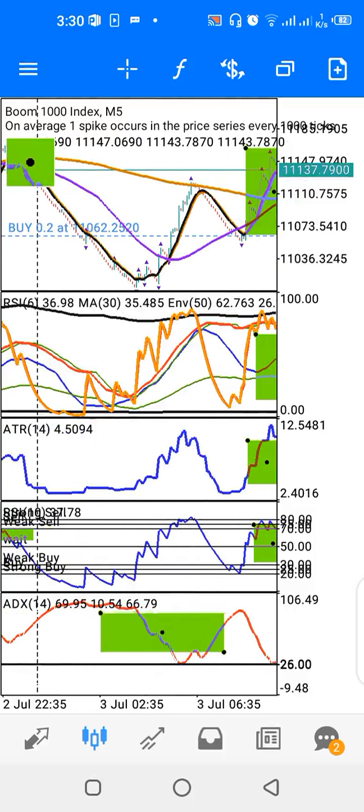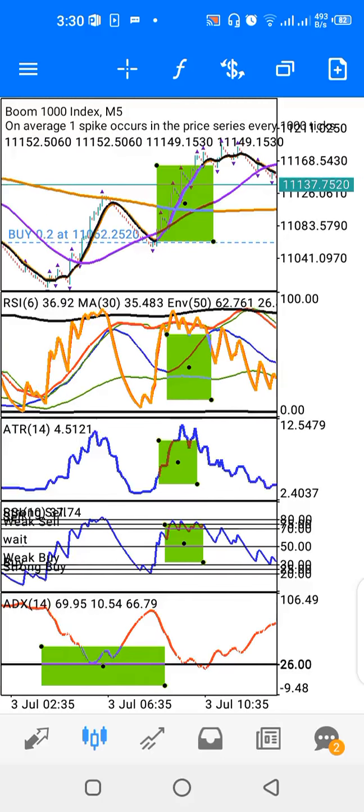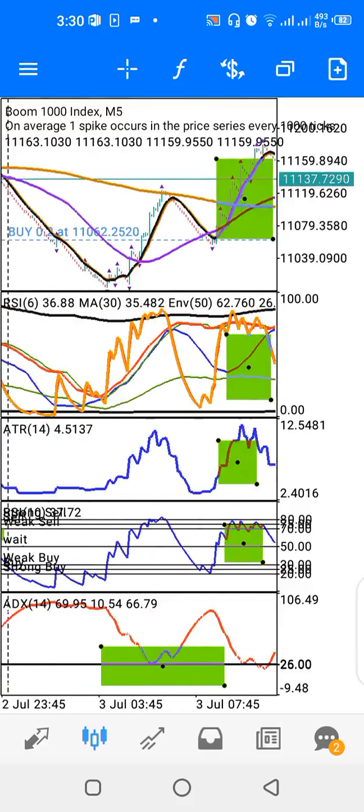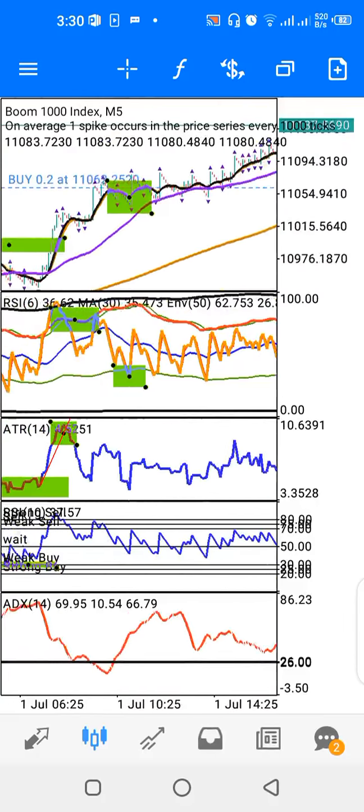But whenever you see the ADX line drop below the level, then you have a range, so you avoid trading at that moment. But for boom and crash index on the 5 minutes time frame, you rarely see the ADX line moving below the 25-26 level.